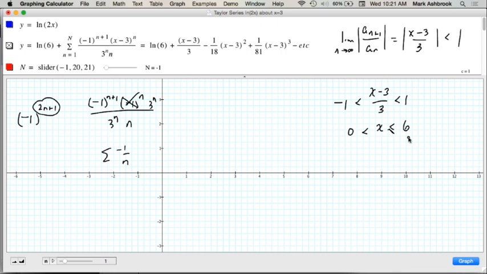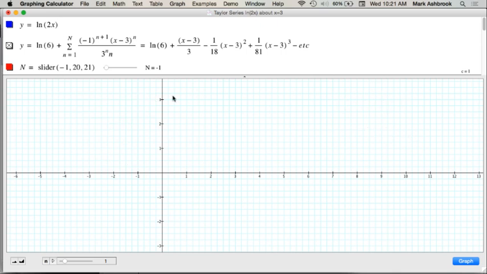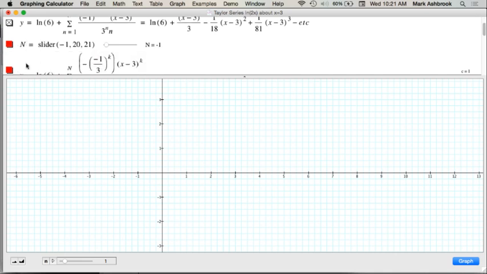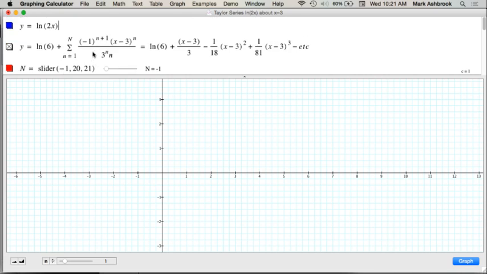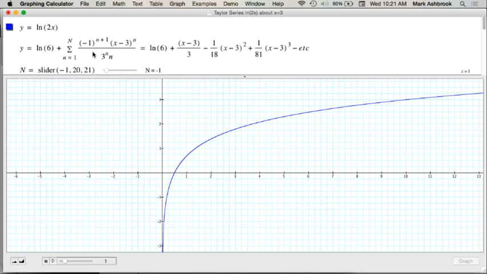Okay, so let's talk about this function. The function is ln of 2x, and it looks like this. So we talked about how the Taylor series will reproduce this function perfectly if we were able to add all infinitely many terms together.